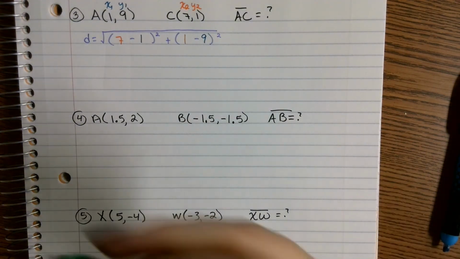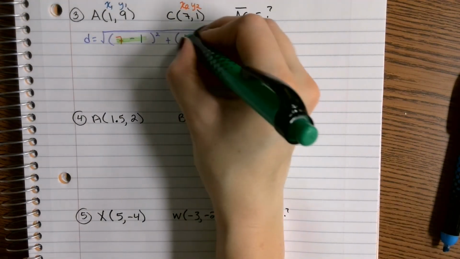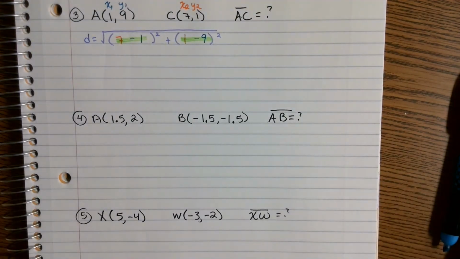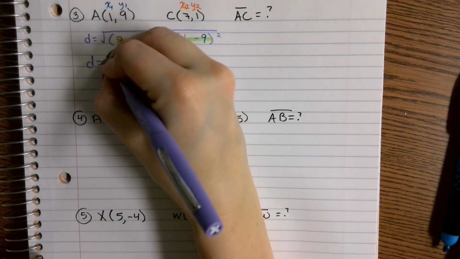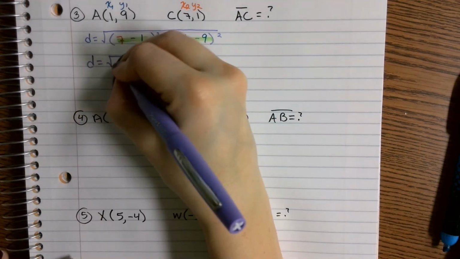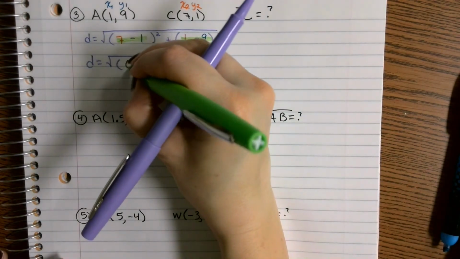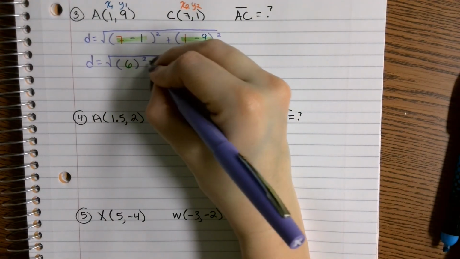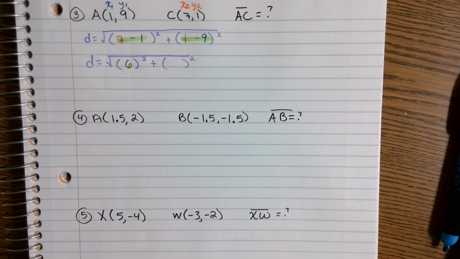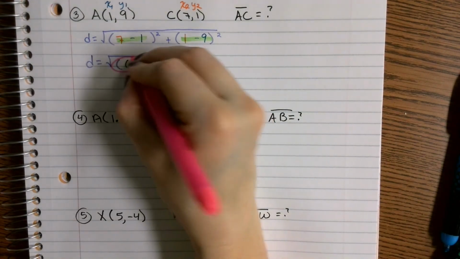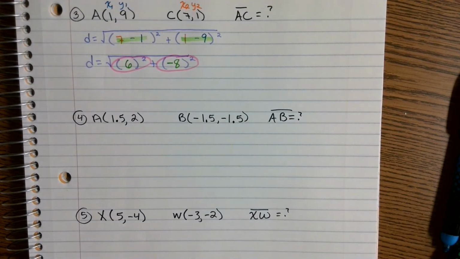The first thing that we're going to do is subtract these values. So that's going to give us the square root of 6 squared plus a negative 8 squared. Then we're going to go ahead and square these values.